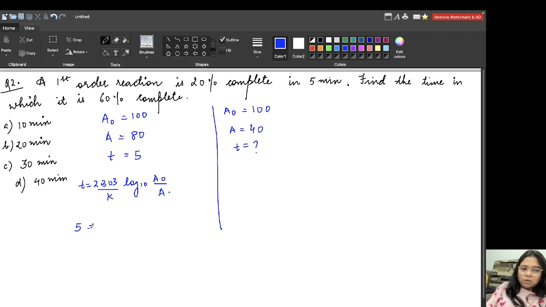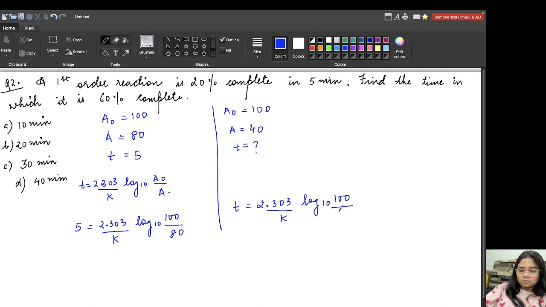Substitute all the values. 5 equal to 2.303 by k log base 10 100 by 80. Here also you write time equal to 2.303 by k log base 10, because you don't know the time here, right? Initial is 100, next is 40. So this and this get cancelled.